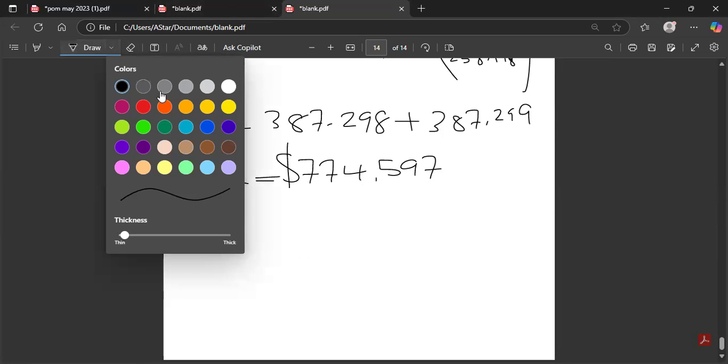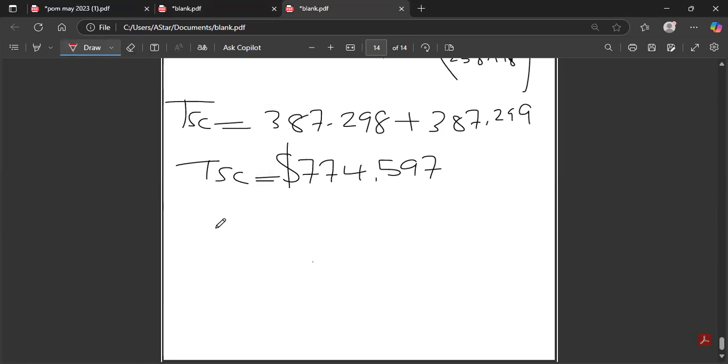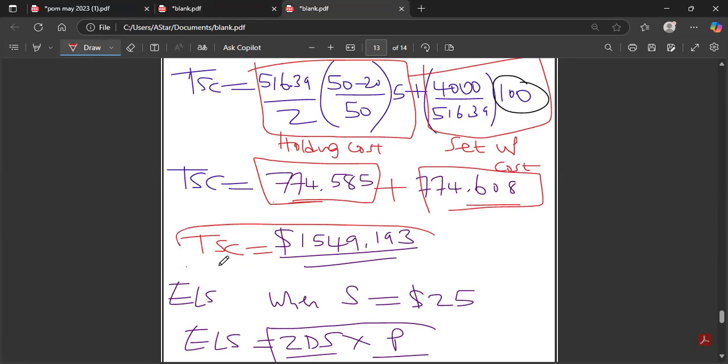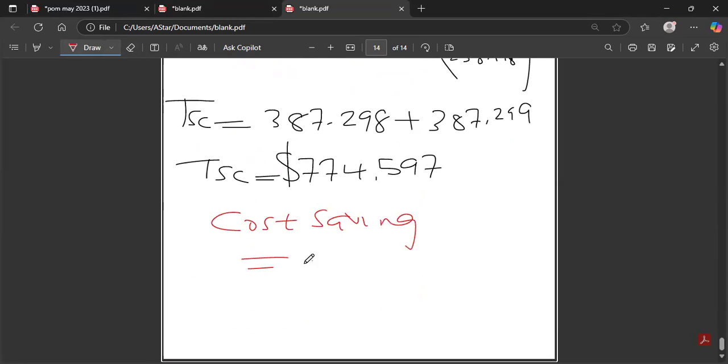So what will be our cost saving? The cost saving is equal to this 1549.193 minus 774.597.